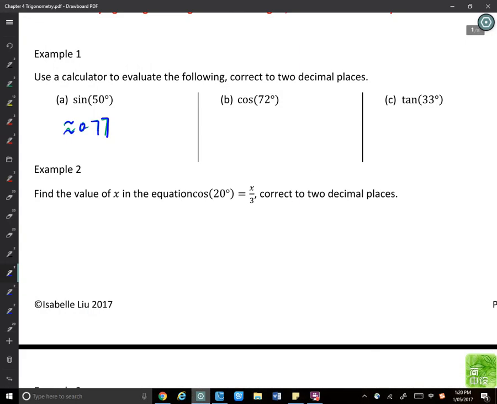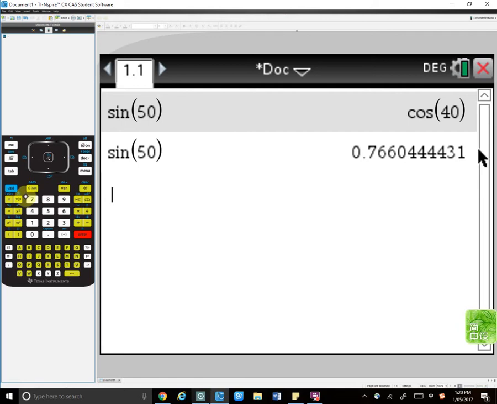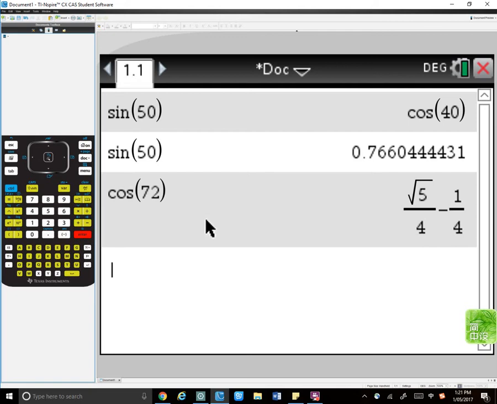Okay, cosine 72 degrees. Cosine is in trig as well. Let's predict what it gives me if I press enter. I guess it gives sine 18, I think. Oh, it's not. Because I can evaluate that into some exact form, but I still want to find the decimals, and I'll have 0.31.